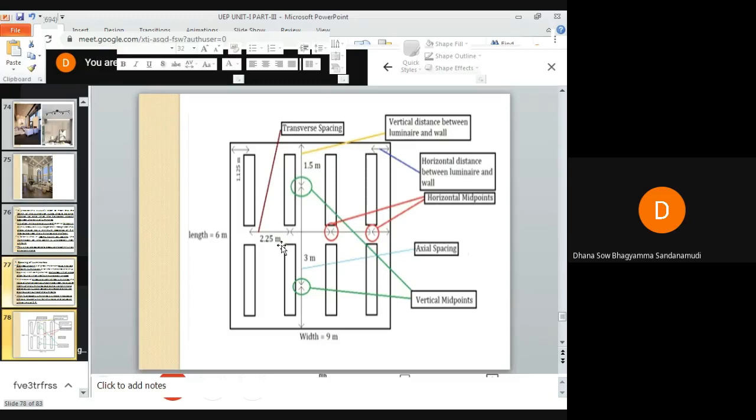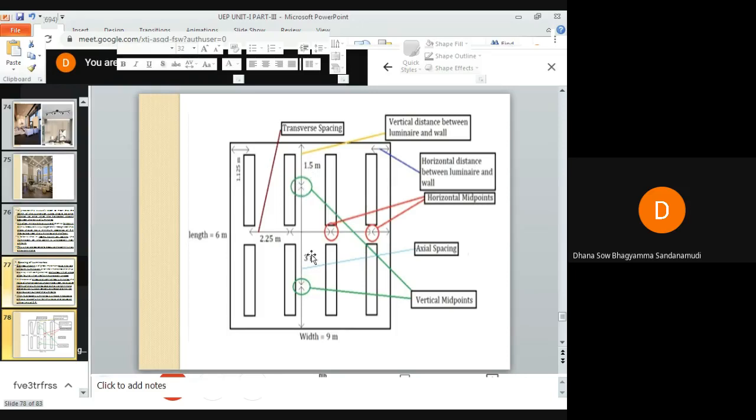From the midpoint of this lamp to this side wall is known as the vertical distance between the luminary and the wall. The vertical distance should be around 1.5 meters. From this center to this center, it should be 3 meters.